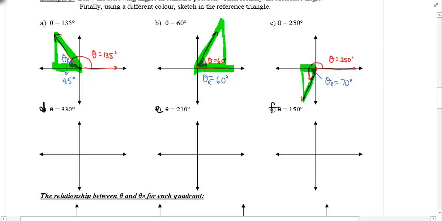Triangle always has to use the x-axis as one of its legs.